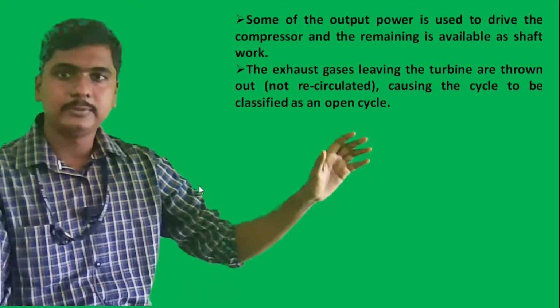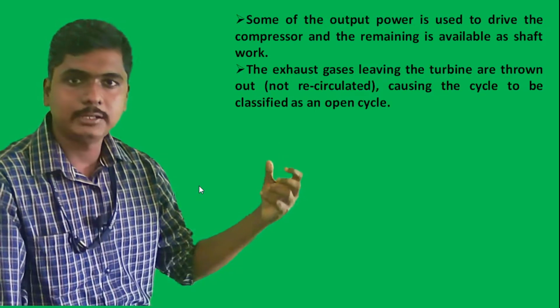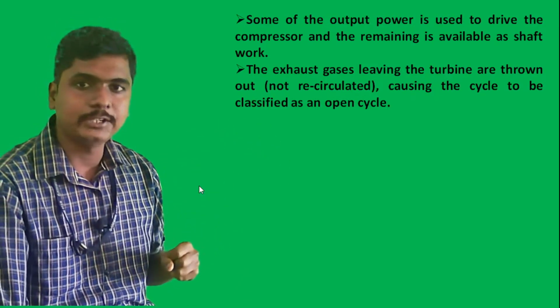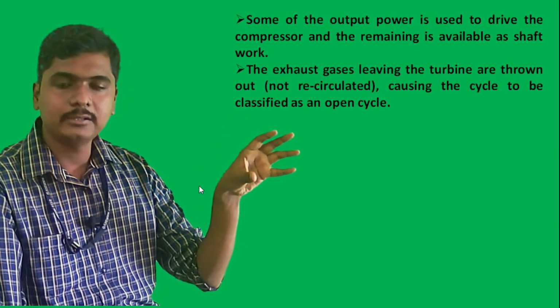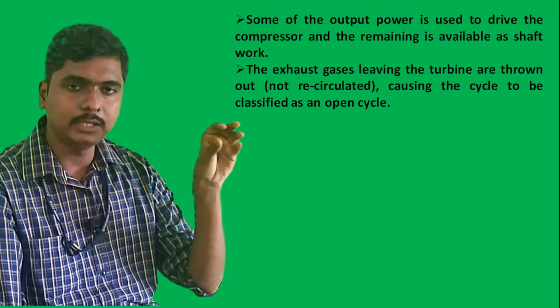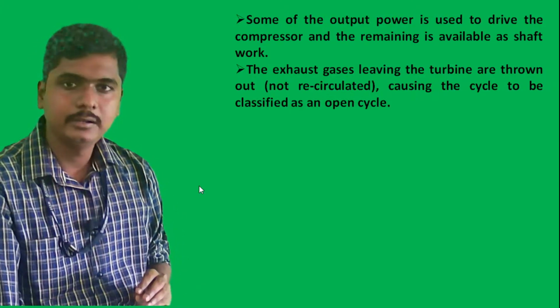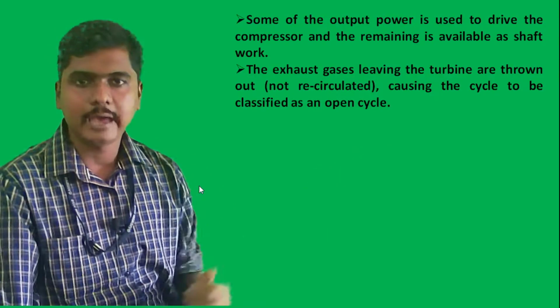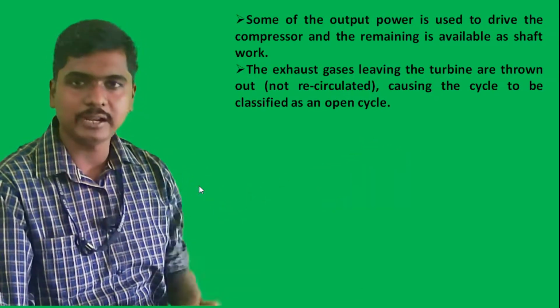Okay. So after the output from the turbine, whatever mechanical work we get from the turbine, some of the work will be used to drive the compressor, and the remaining work will be our shaft work output. That will be our useful work.